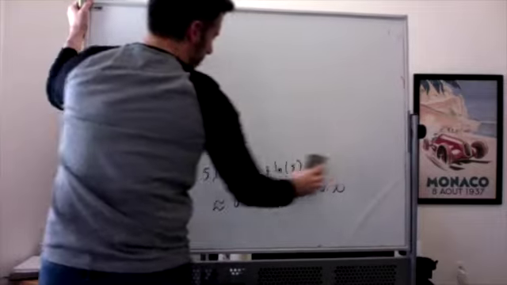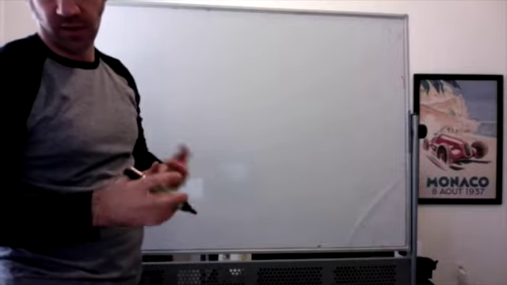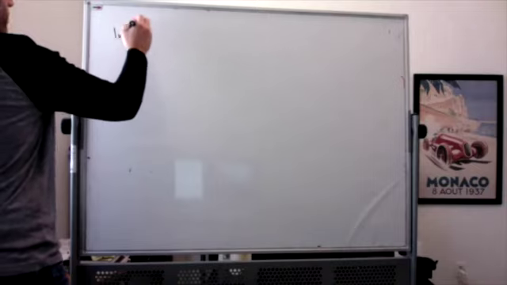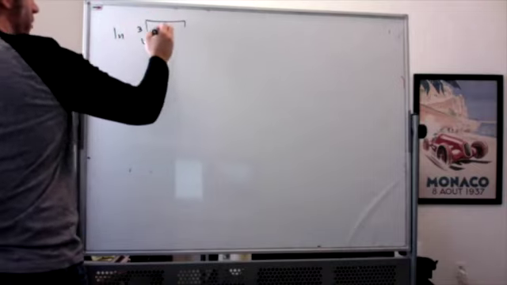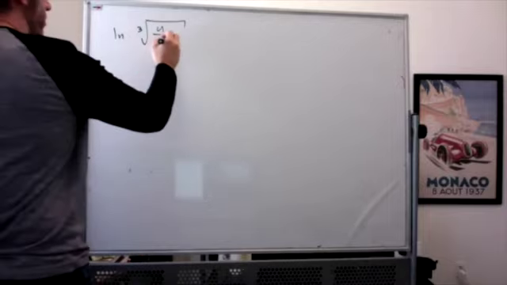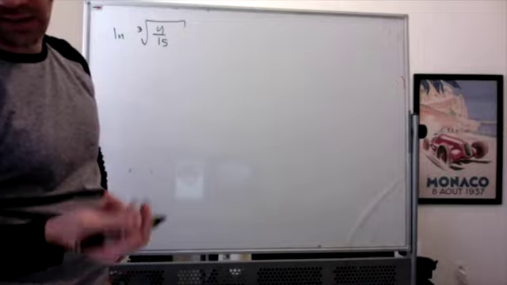So again, your job is to make the thing that you're taking the logarithm of look like a product or a fraction with the numbers we've got. So let's look at this one, the natural log of the cube root of 4/15. I'll remind you that for the natural log, the numbers that we have are 2, 3, 5, and 7.